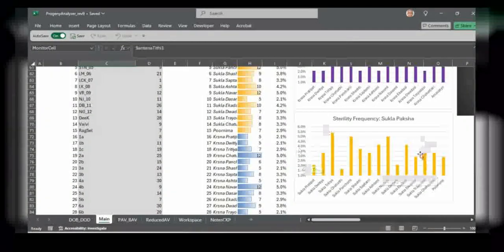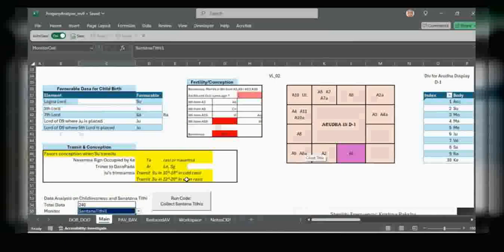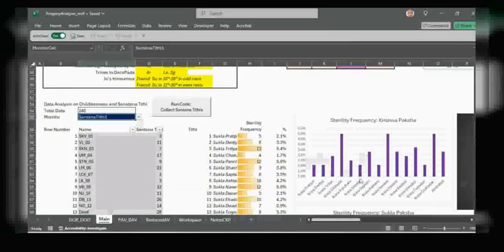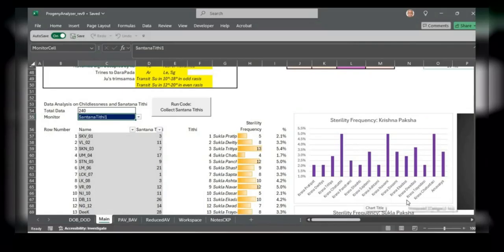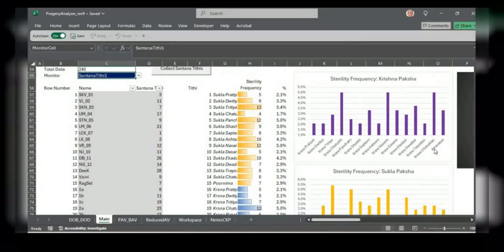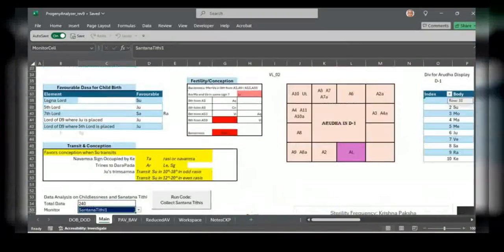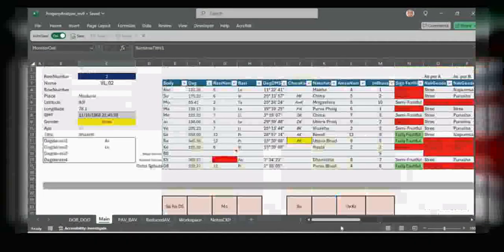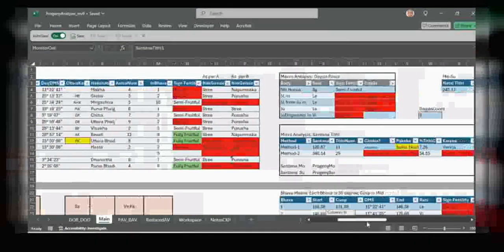Of course, all these are only for Sanatana Tithi, one specific Sanatana Tithi 1 I think I have calculated. So Rikta Tithis come out very strongly, and one aspect is if the rules say that the Tithi happens to be Amavasya or Purnima, there is no child. So we have some cases there, though that's not showing up in all cases.